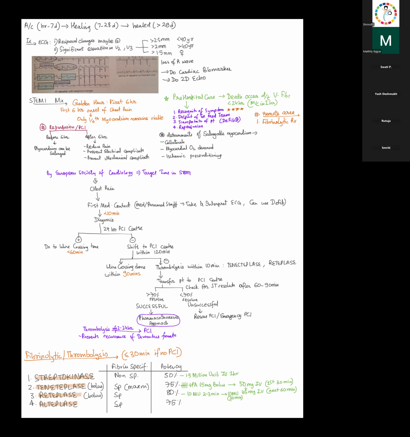These problems are not so prevalent with reteplase and tenecteplase. Another thing is, after a repeat MI you can give fibrin specific drugs, but not streptokinase, because the patient will have developed antibodies and can develop a reaction if it is given again.